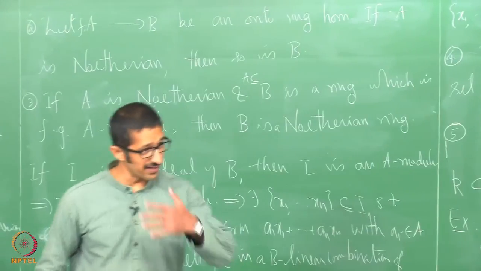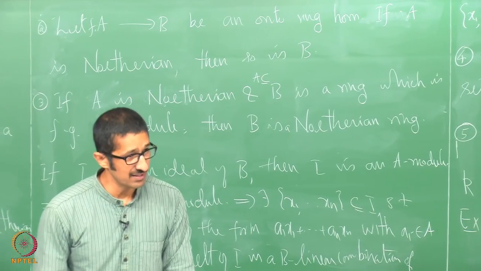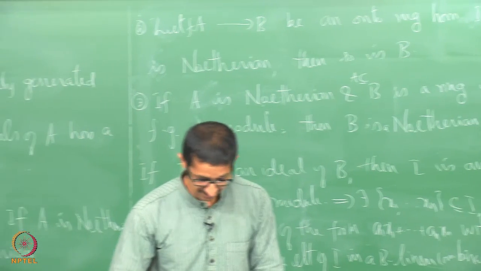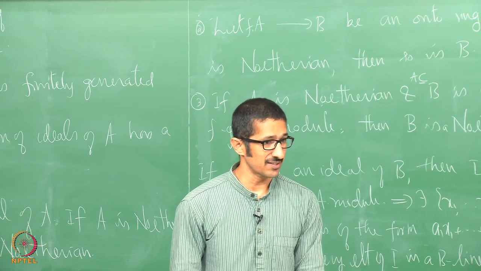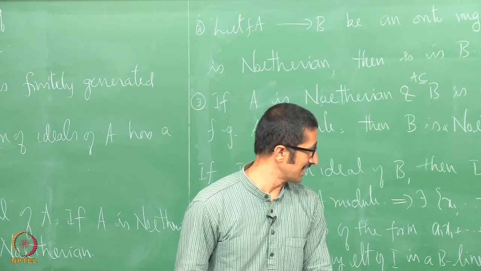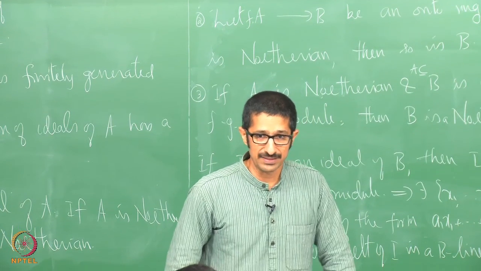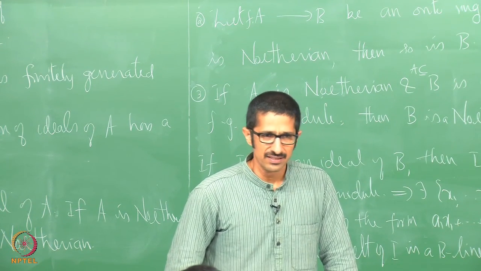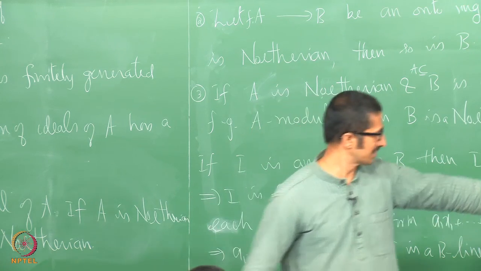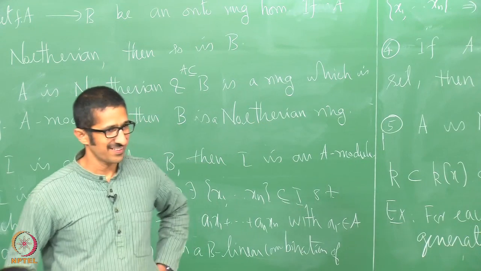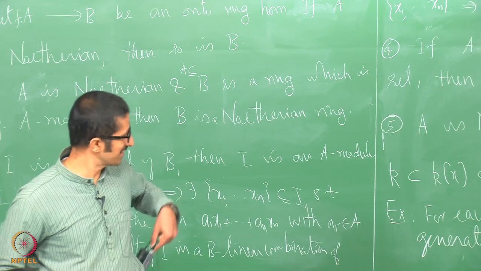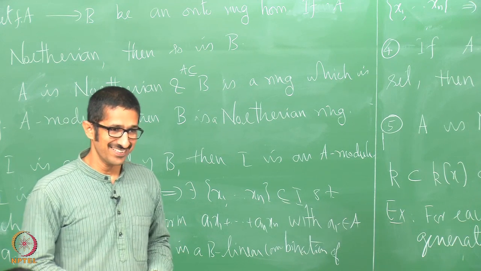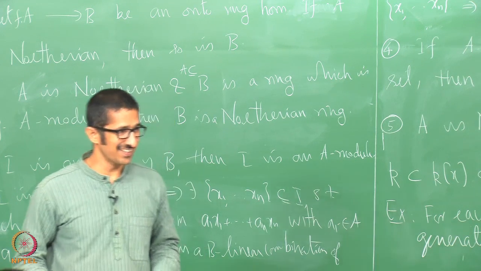That means, however large your n is, 10 million, whatever it be, there exists an ideal generated by that many elements. So, are we thinking that this is not Noetherian? Are we saying that it is not Noetherian? We will see it in the next class.